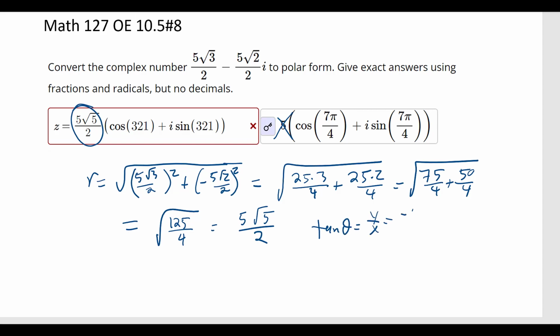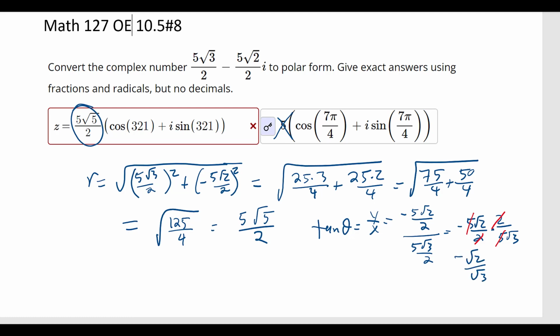And that's going to be negative 5 root 2 over 2 divided by 5 root 3 over 2. And that'd be like saying negative 5 root 2 over 2 times 2 over 5 root 3. And the 5s would cancel, the 2s would cancel, and what we have is negative root 2 over root 3.